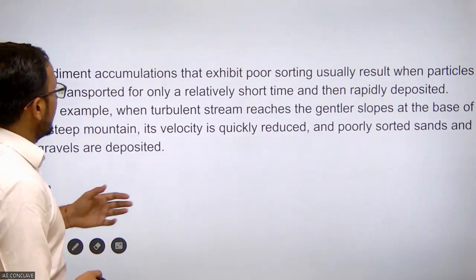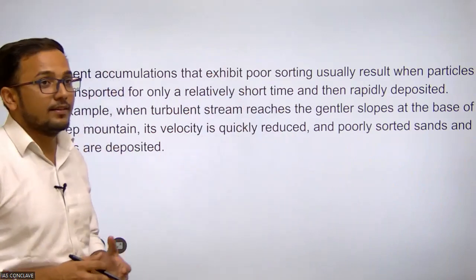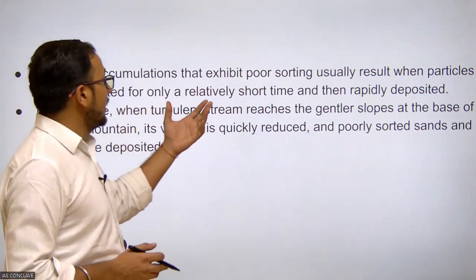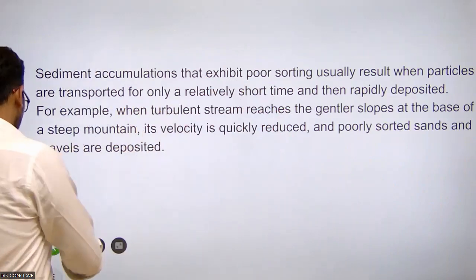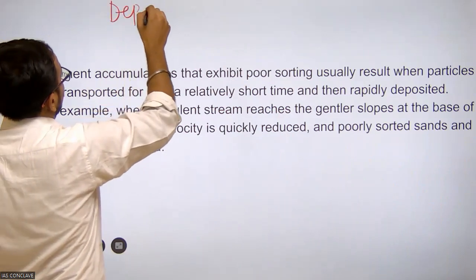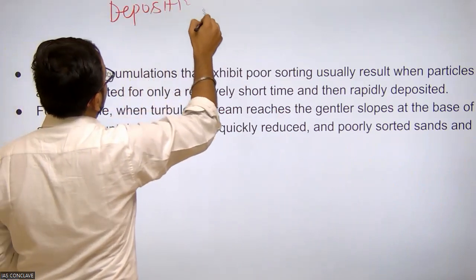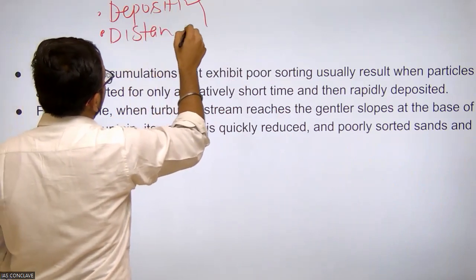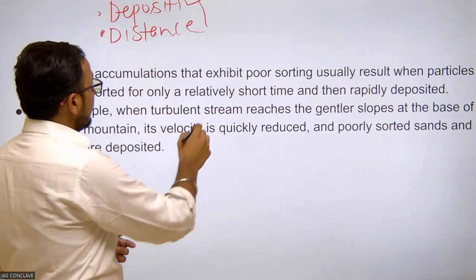Sediment accumulations that exhibit poor sorting usually result when particles are transported for only a relatively short time. So, first, sorting tells us about the depositing current. Then it also tells us about the distance. If poorly sorted, the particles traveled for a relatively short time.